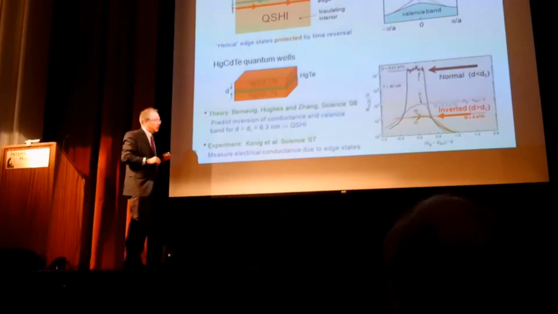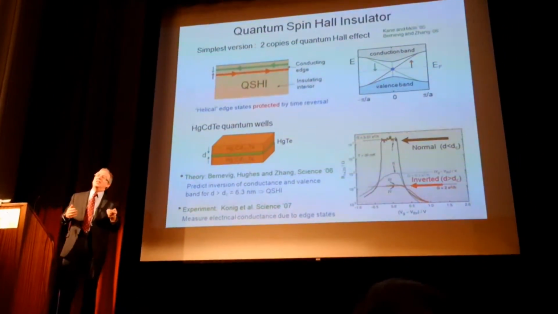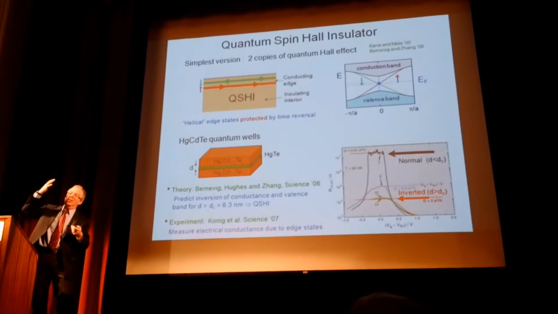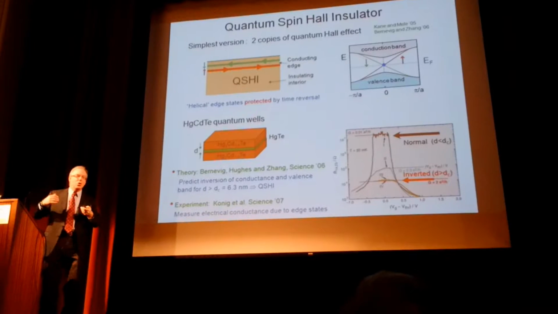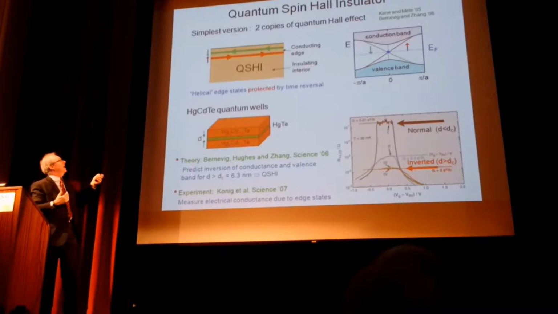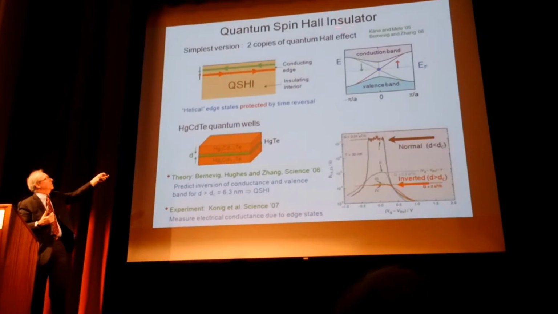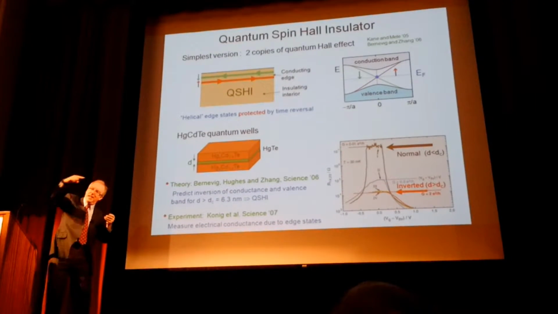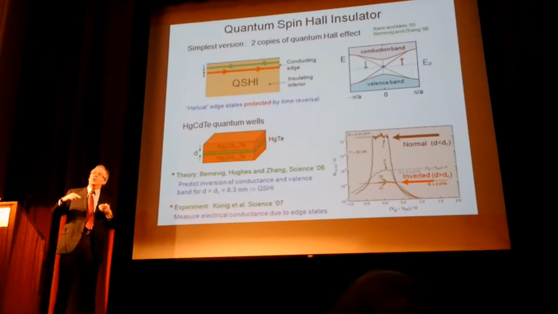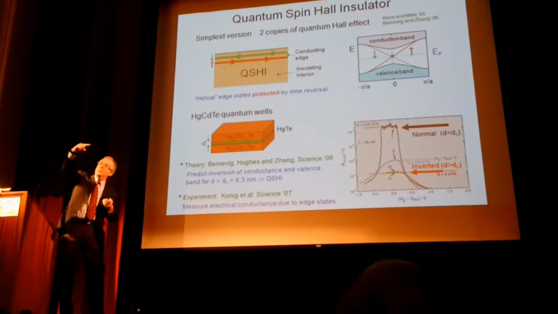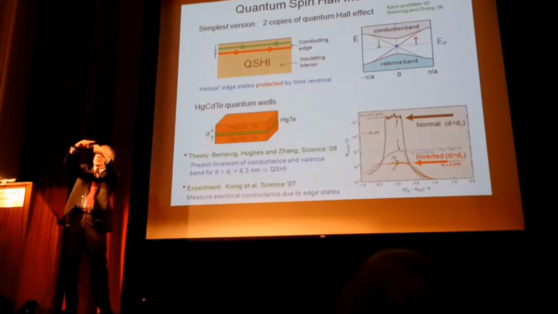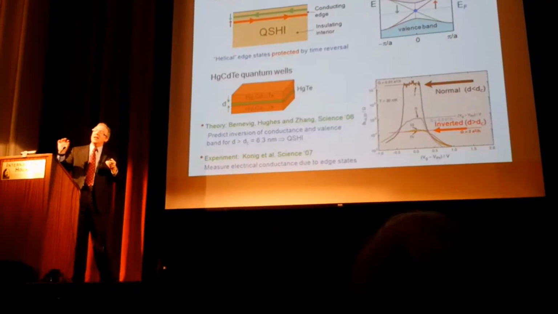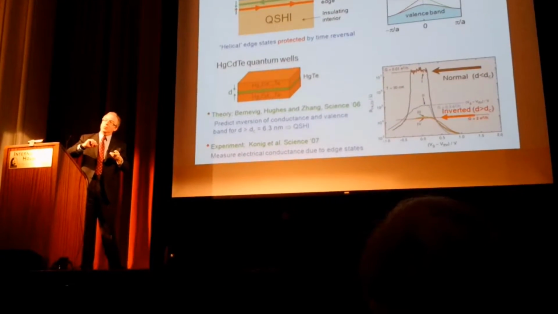The first indication that that can happen was a kind of toy model that we introduced, which is to realize that if you take two copies of this quantum Hall state, the thing that has edge states that go one way, one for the up spins and one for the down spins, then you can come up with a system that looks the same if you run it backwards.